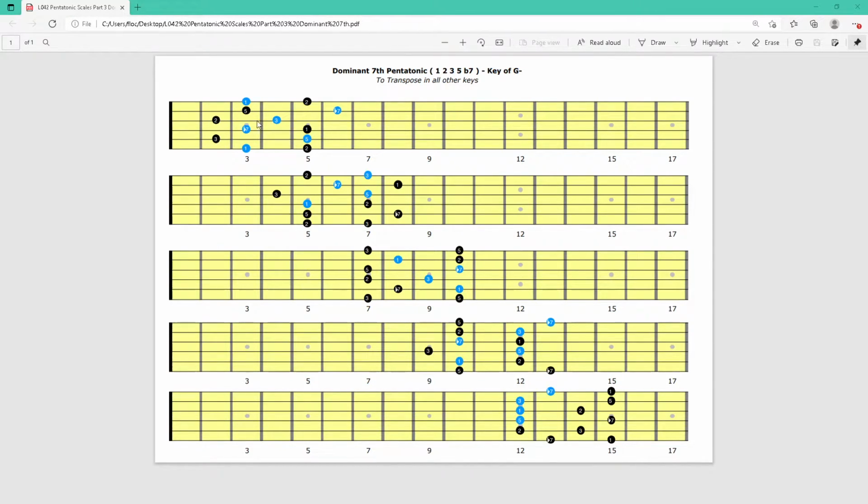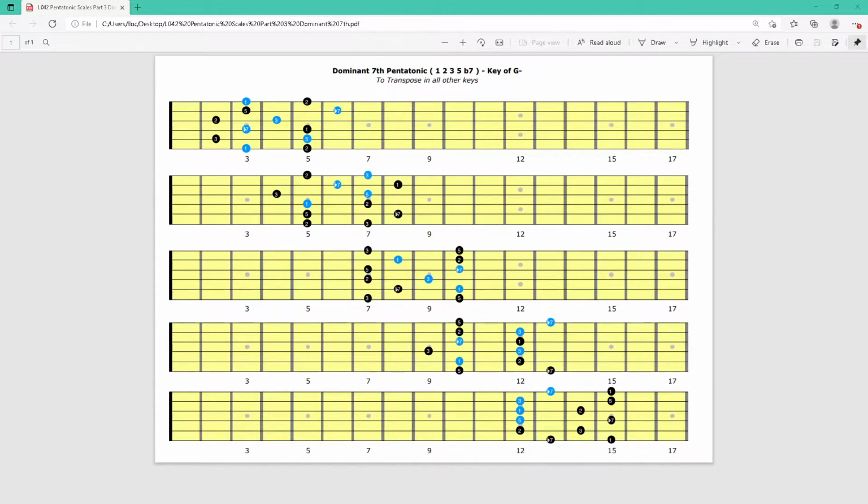Okay? So, let's say if this is G dominant 7 pentatonic, this is also B. We can apply the same scale exactly, as you look, to a B half diminished, so to a B Locrian.